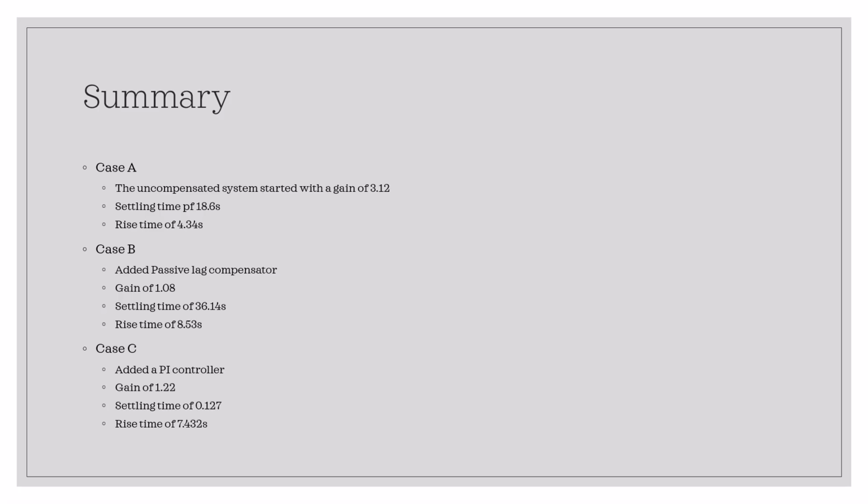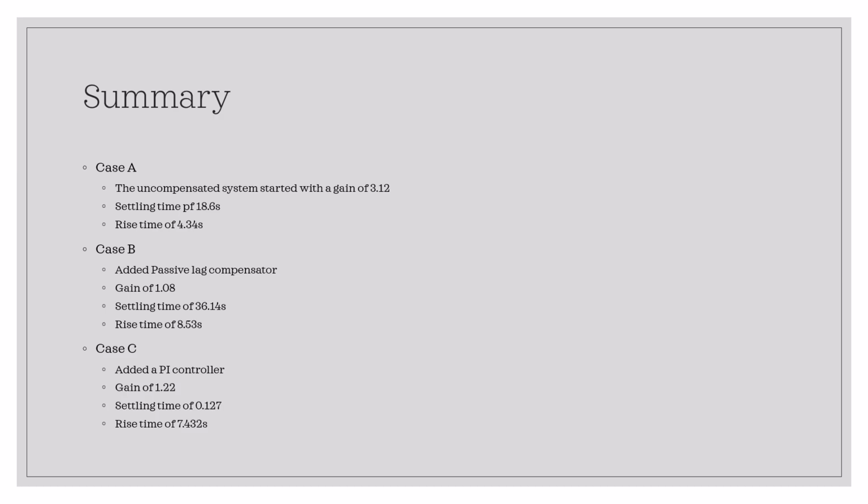As an overall summary, I wanted to show all of the cases. Case A was my base point, which I compared everything to in order to see how each addition affected the steady state error and characteristic properties. In order to decrease our steady state error by a factor of 10 and maintain our overshoot, I added a passive lag compensator, which reduced error by adding a pole and 0.